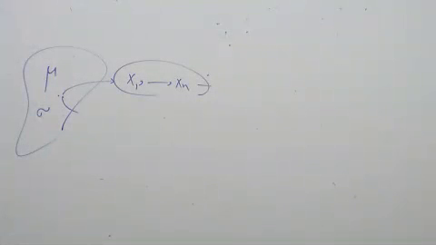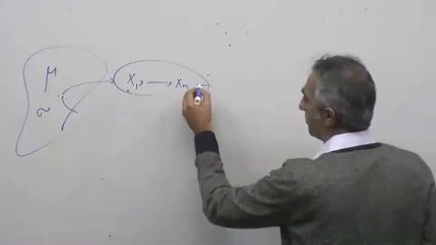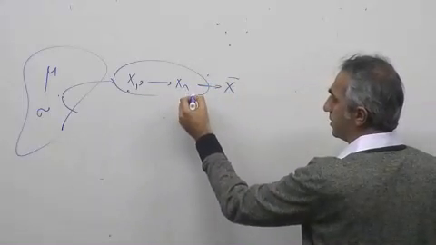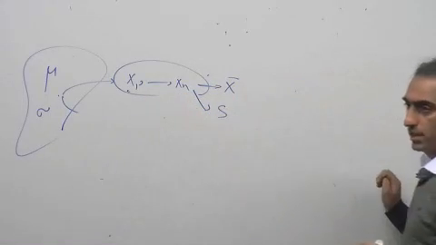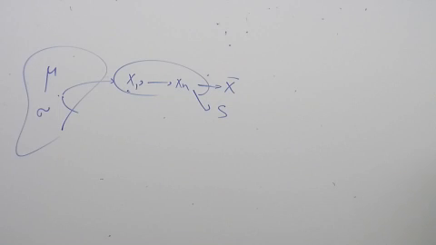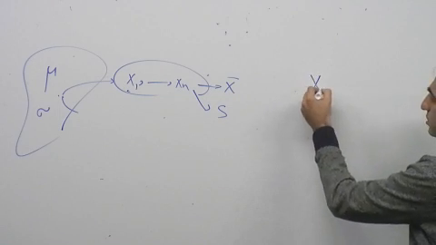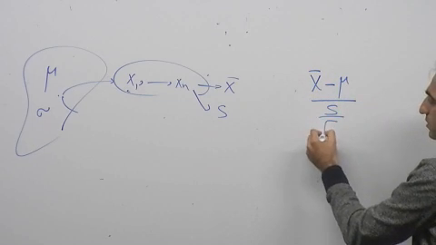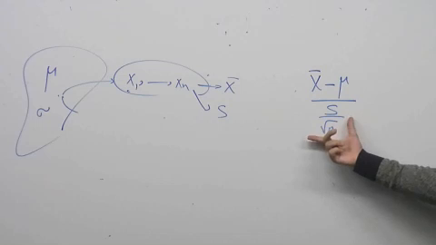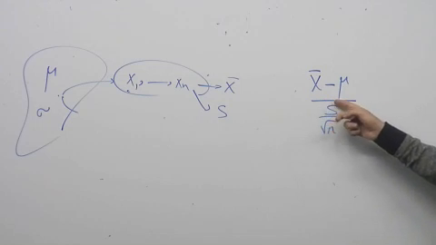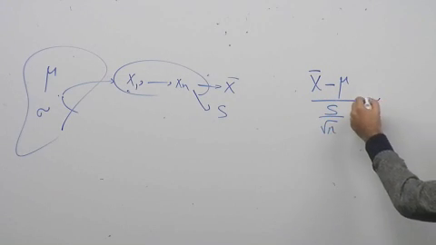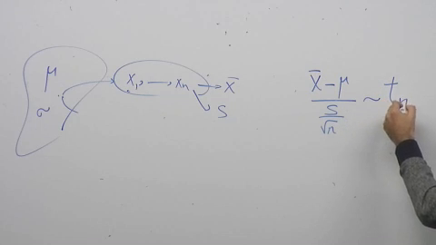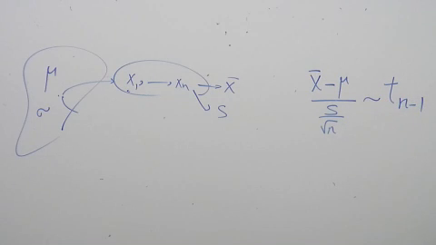So what we can do, we can say, I have a random sample. From this random sample, I can get X bar, and I can calculate S. Then in this case, the distribution of X bar minus mu divided by the estimation of the standard error, which is S divided by square root of n, is what? You remember, T with n minus 1 degrees of freedom.